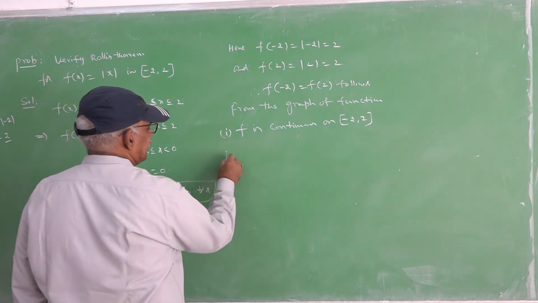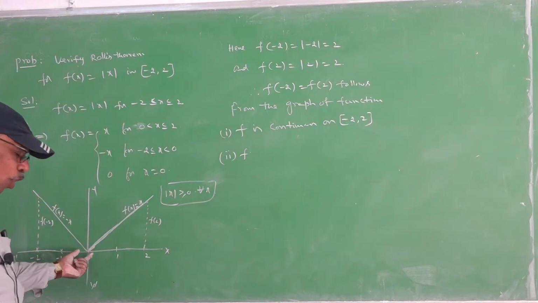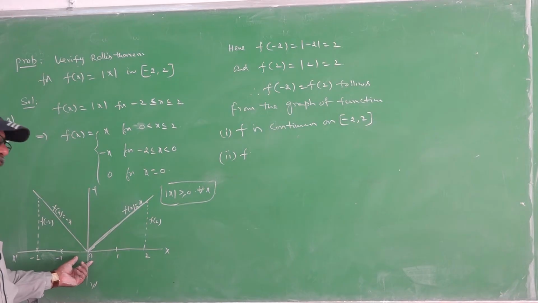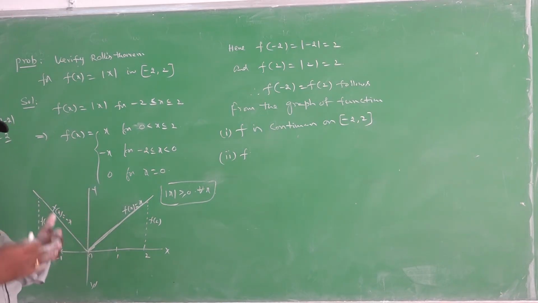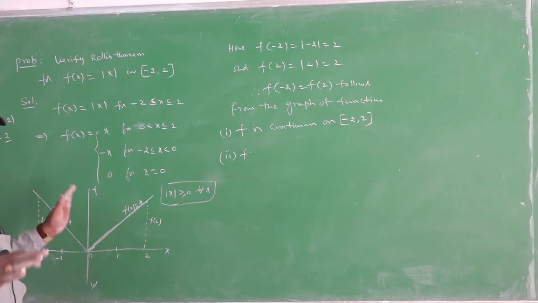And the second one is that f has a corner. The graph has a corner at 0. Since it has a sharp, conical corner in the graph, there the derivative does not exist.